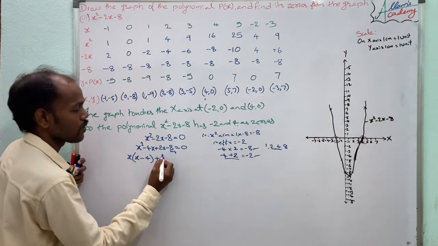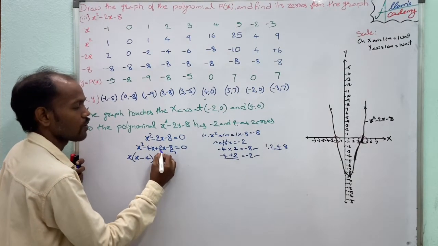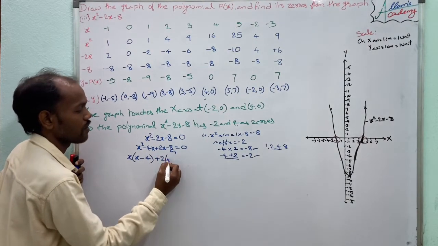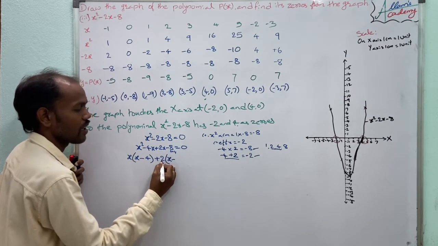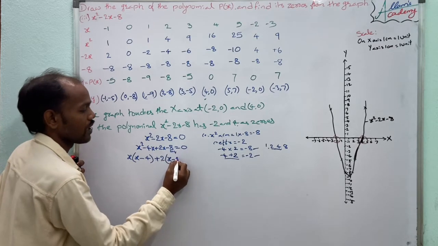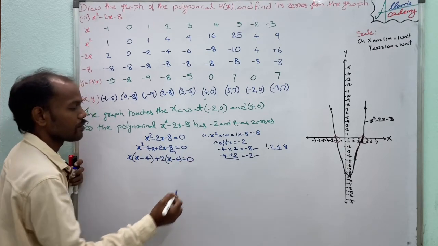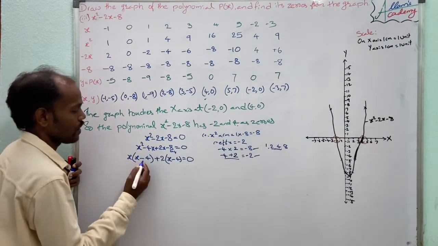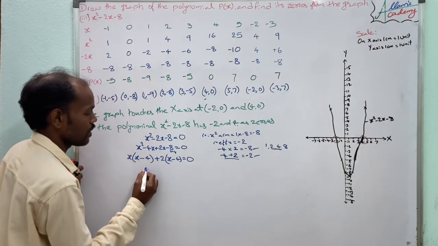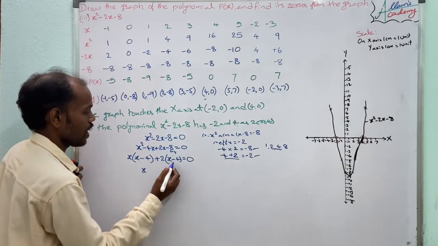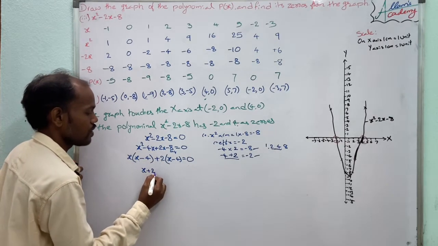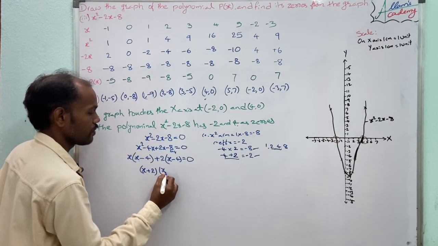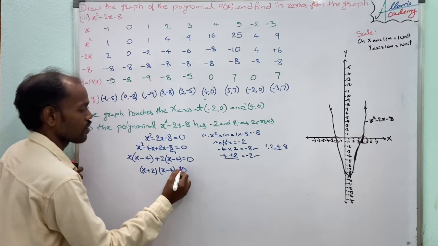In this, 2 is common, so taking 2 common, here 1 x remains plus, and minus 4 remains. Now here x minus 4 is common, so taking x minus 4 common, here x remains, and here 1 plus 2 remains. So (x plus 2) into (x minus 4) equal to 0.